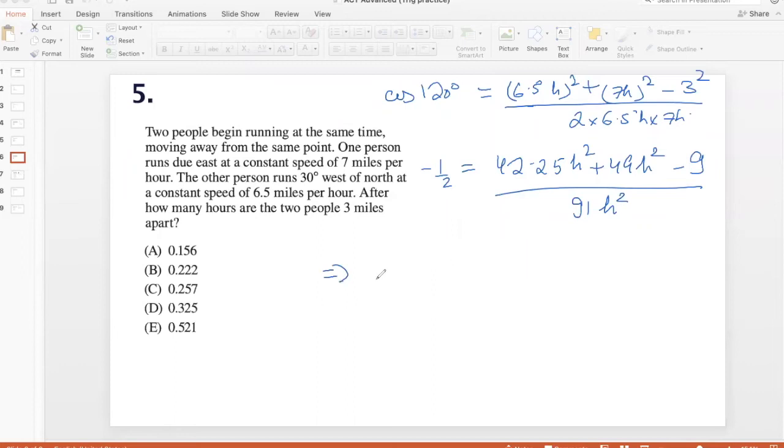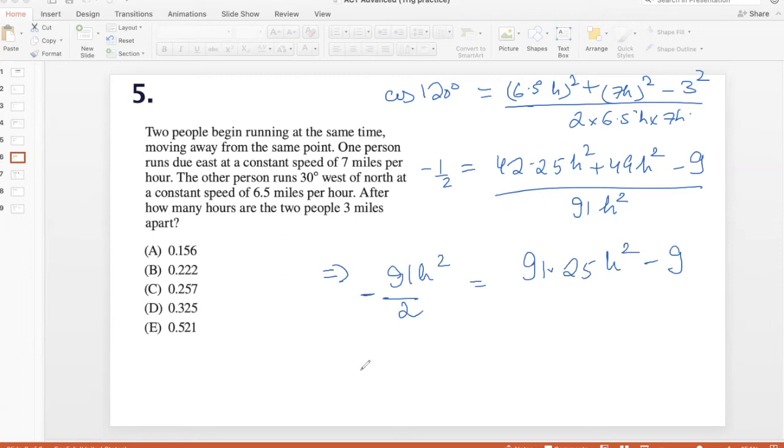So we get 91h squared by 2 with the minus sign is 49 plus 42. So that would be 91.25h squared minus 9, right?